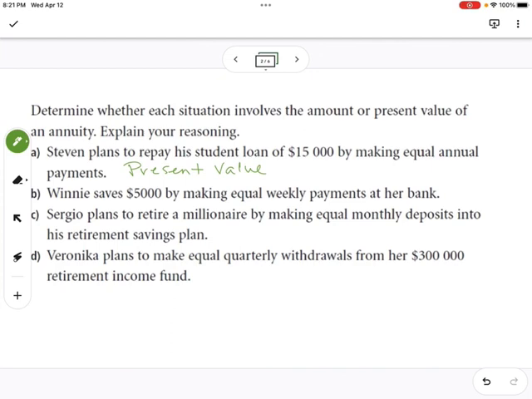Okay, B, Winnie saves $5,000 by making equal weekly payments at her bank. Okay, so we think about that. Winnie saves $5,000, and that's at the end, starting with $0, and after making those weekly payments, she has the $5,000. So that means this one's going to be future value.